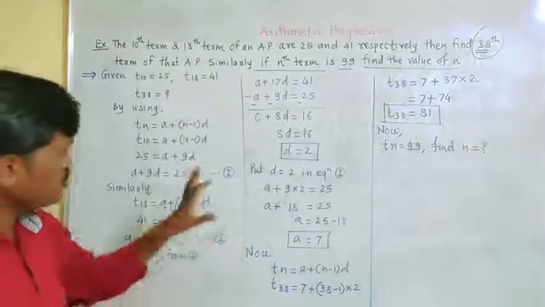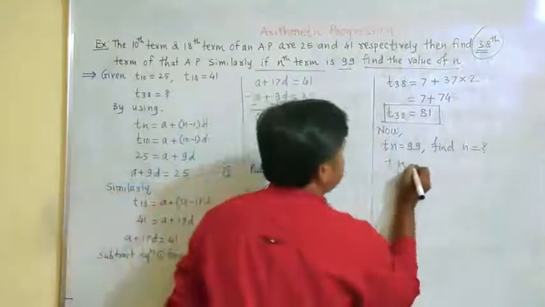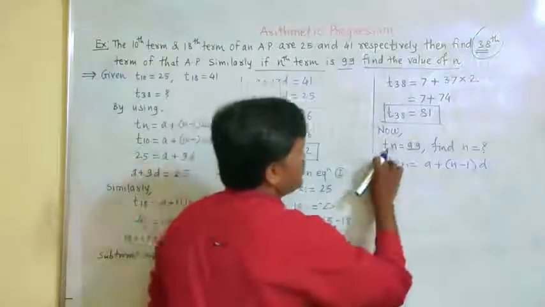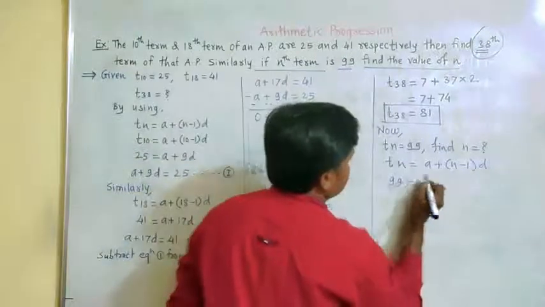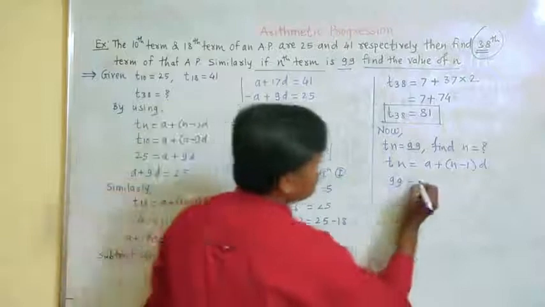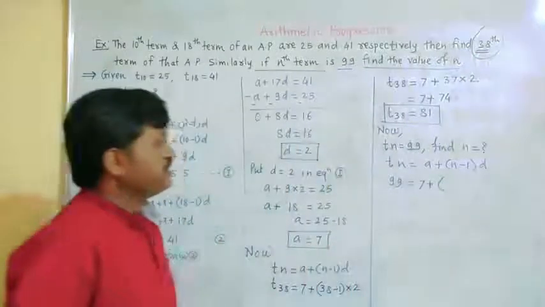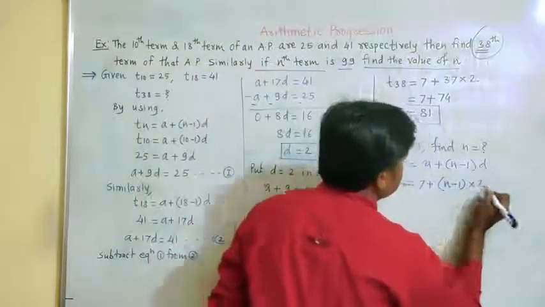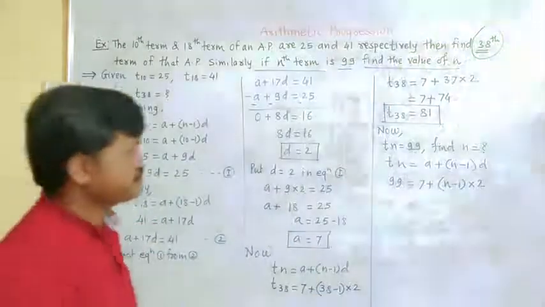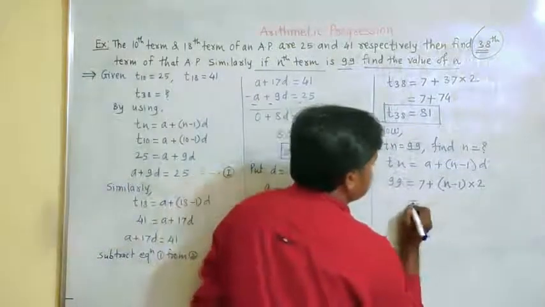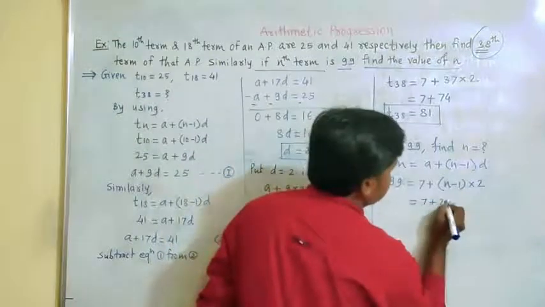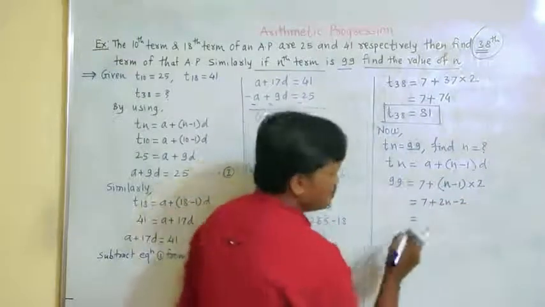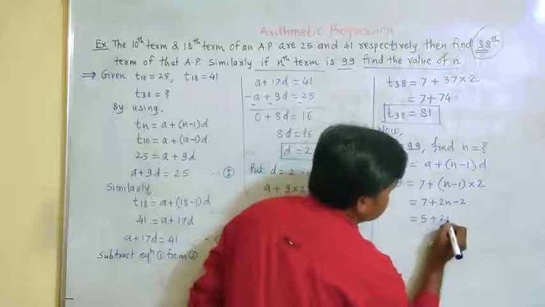So again you apply this formula: Tn is equal to A plus (n minus 1) into D. So for that, Tn is equal to 99. A is 7, as we calculated, plus (n minus 1), same as it is, into D, this is 2. Now solve this. 7 plus 2 into n is 2n, minus 1 into 2, that is minus 2, is equal to 7 minus 2, that is 5, plus 2n.